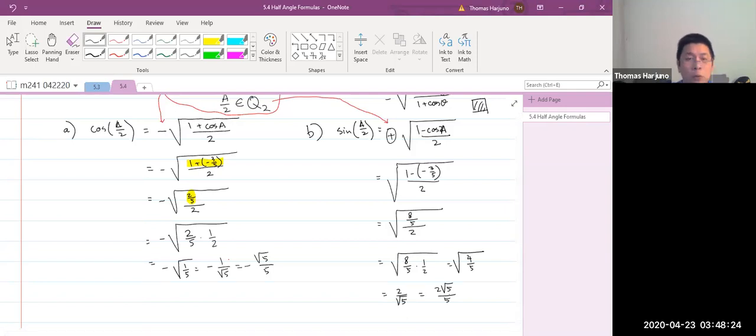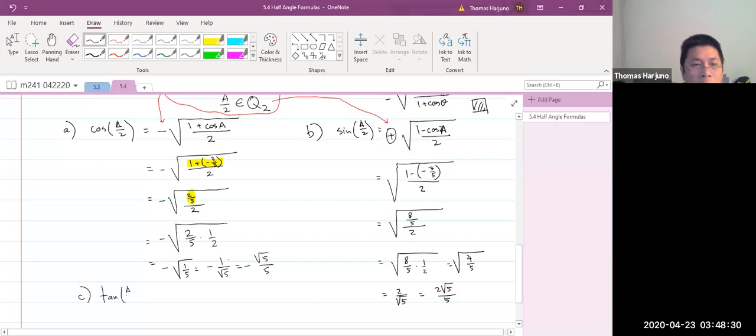Now, of course, if we want to find the tangent a over 2, we can just use part A and part B. In fact, that's what I will do.